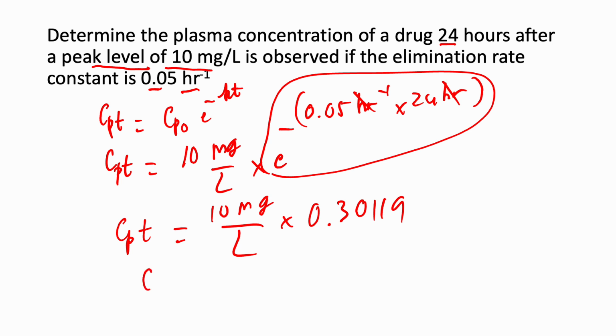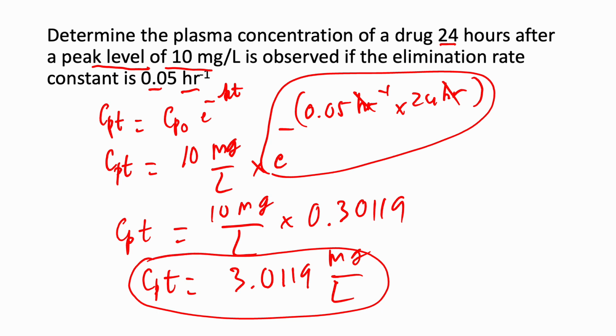So then CPT will be equal to 3.0119 milligram per liter. So 24 hours after the peak level is obtained, the plasma drug concentration is estimated to be about 3.0119 milligram per liter.